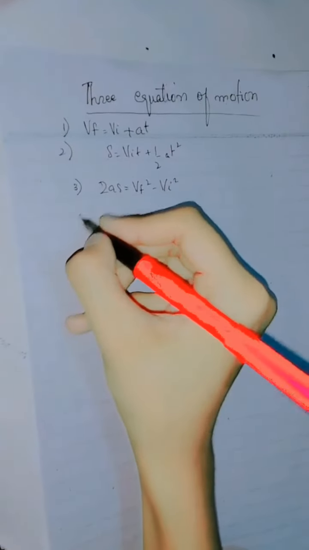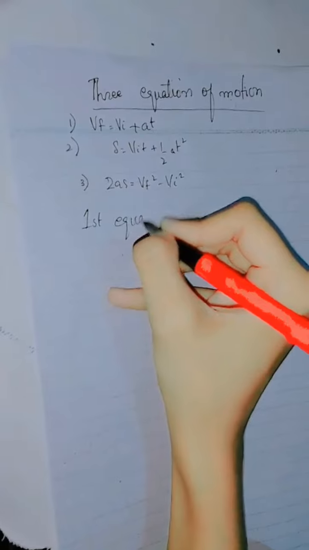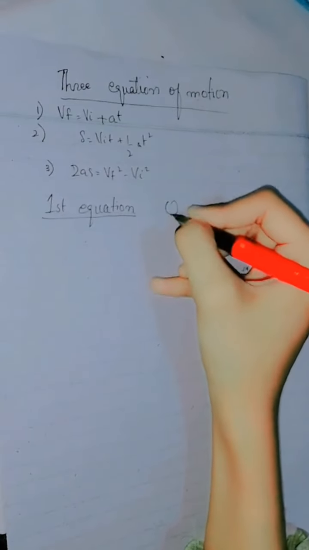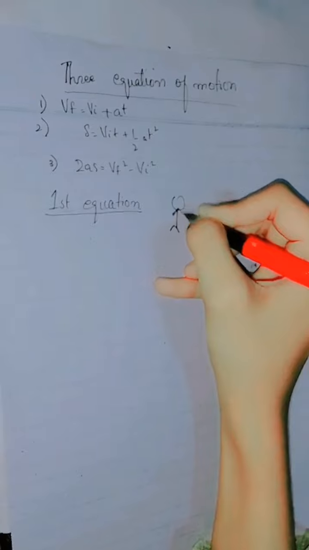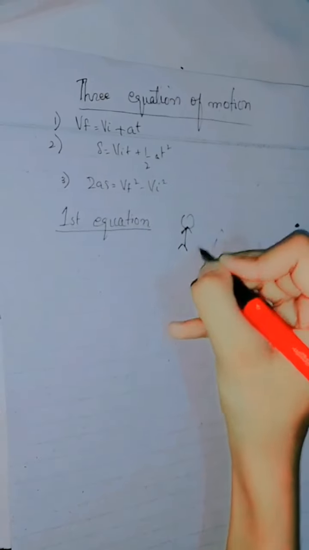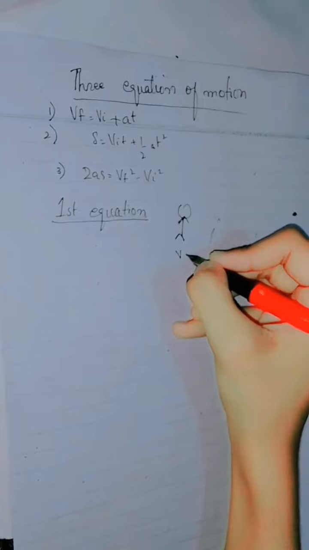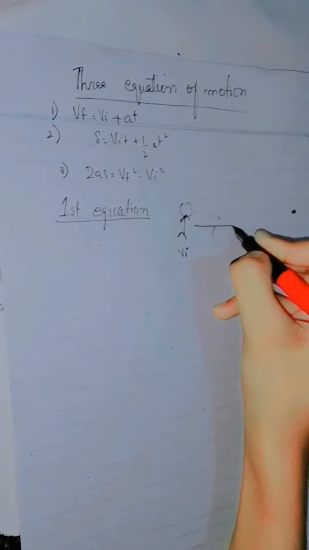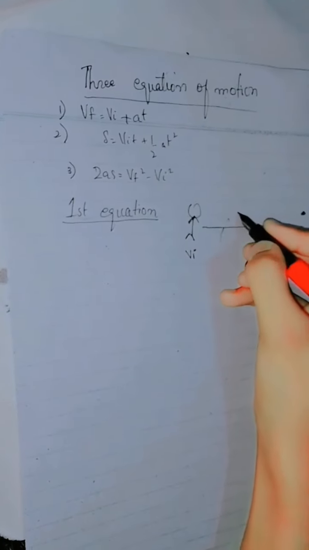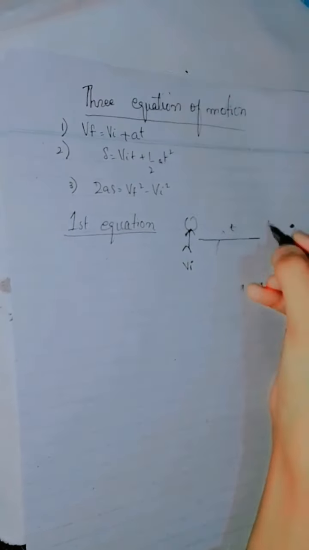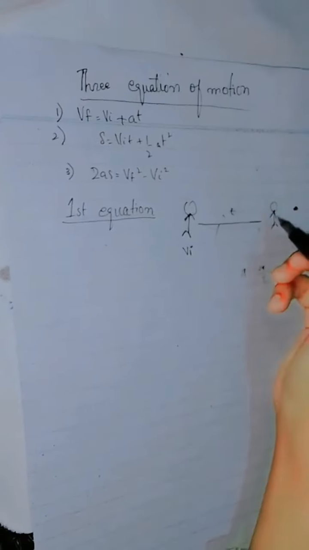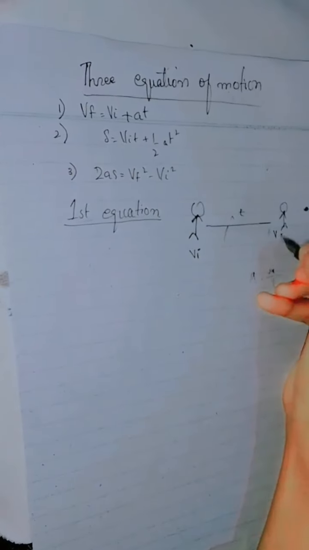First equation of motion. For example, there is a person that starts from here, that is its initial velocity, and he or she covers a displacement, consuming a time as well, and then finally reaches its destination, that is its final velocity.